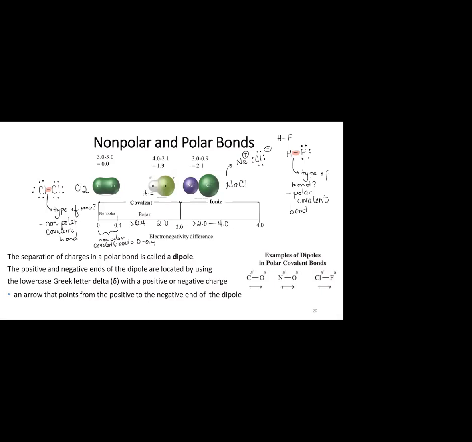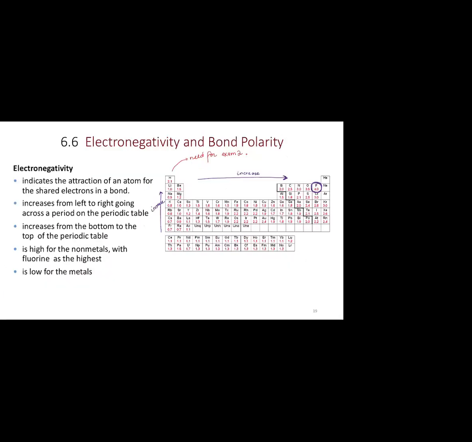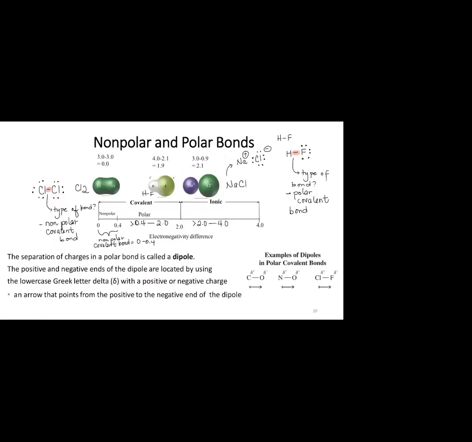So when we compare carbon to oxygen, and again, I do not have these memorized, we have carbon and oxygen, 2.5 and 3.5. So oxygen is 3.5, carbon is 2.5. As you can see, the difference between them is 1.0. So it makes sense. It's a polar covalent bond.